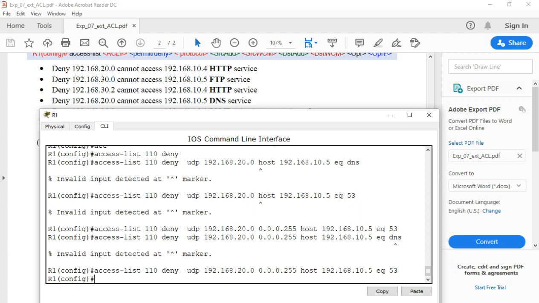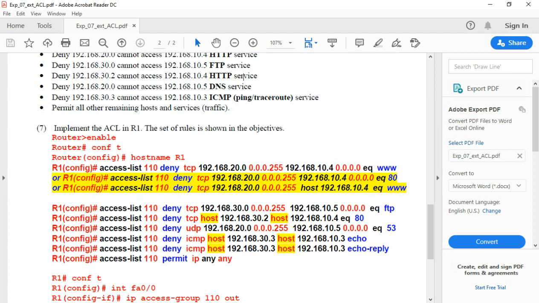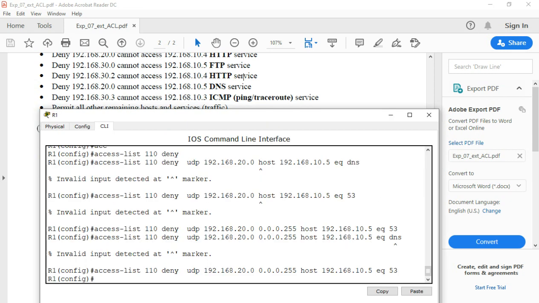We still need to deny the ICMP protocol. ICMP has a specific structure, you should follow it.